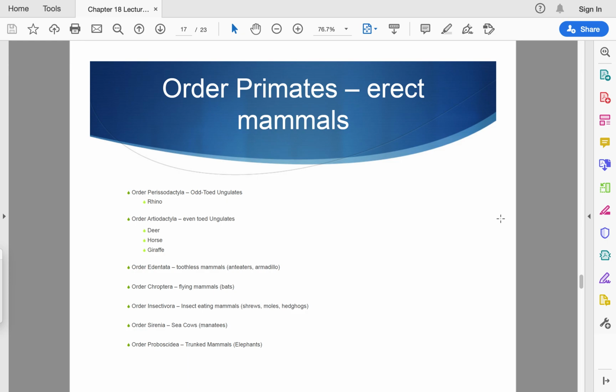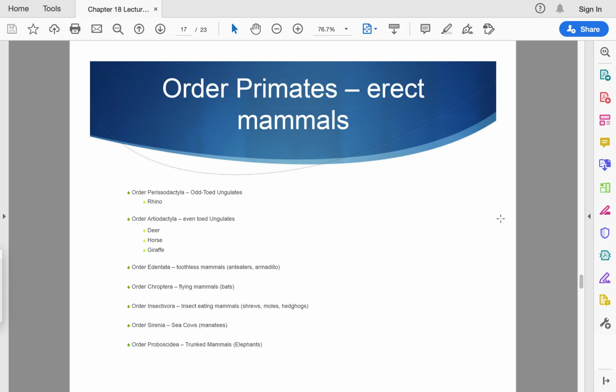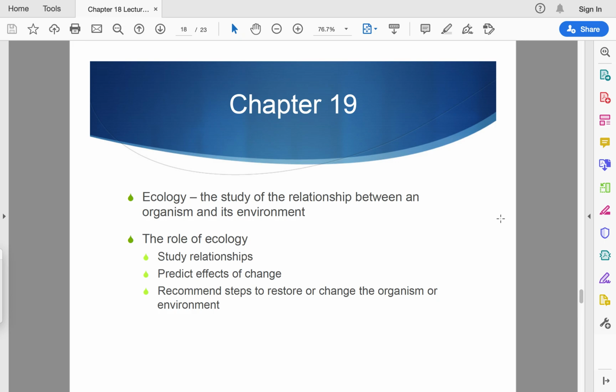So those are all mammals. It's a large class, and those are all different orders among the class of mammals.